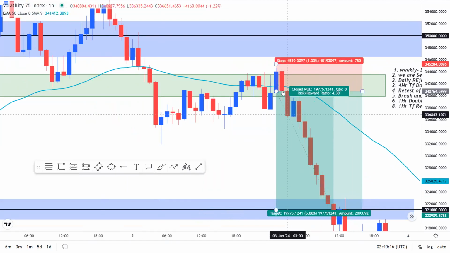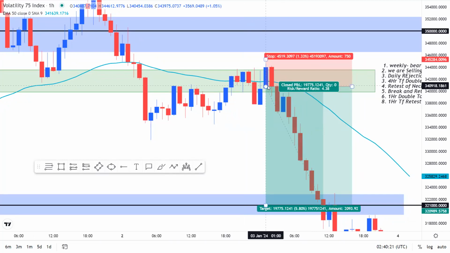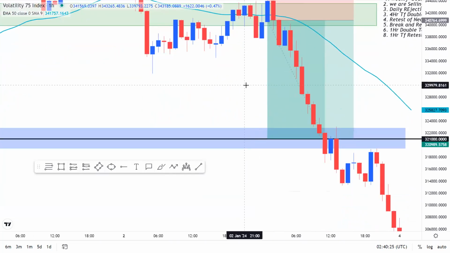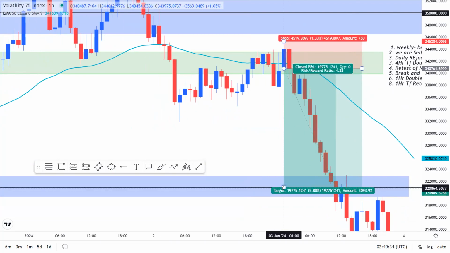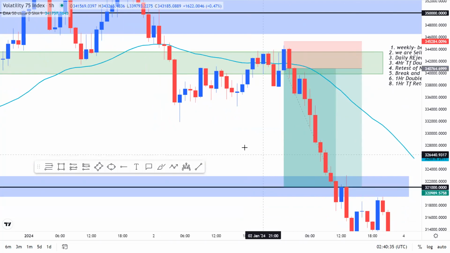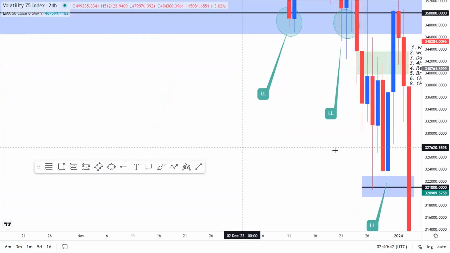And this is where, having entered a sell trade right about here, I was targeting the 32,000 psychological round number level as my area of interest, owing to the fact that moving down again to the daily time frame, because I identified my area of interest from the daily time frame.